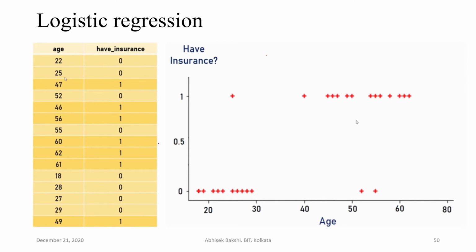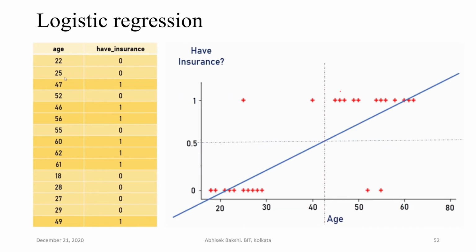The x-axis represents the age. Corresponding to different ages till 30, you see most of the points are at 0, right? And corresponding to age maybe more than or equal to 40, the maximum number of points are at 1. Now the question is, with the knowledge of linear regression, if we try to put a curve, then what will happen?